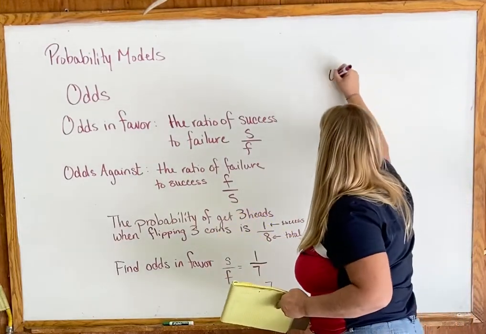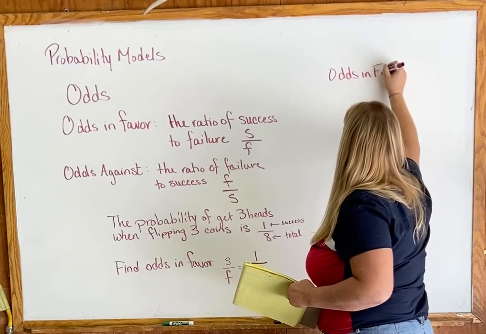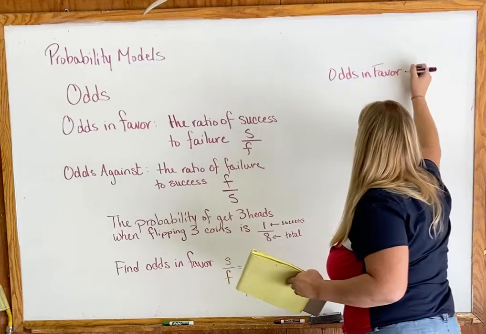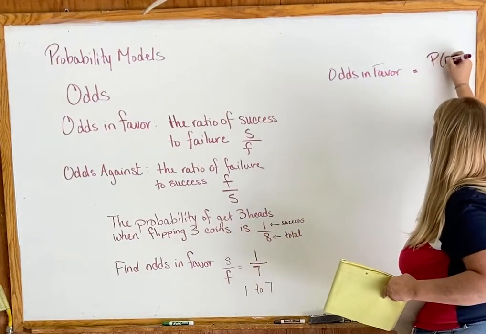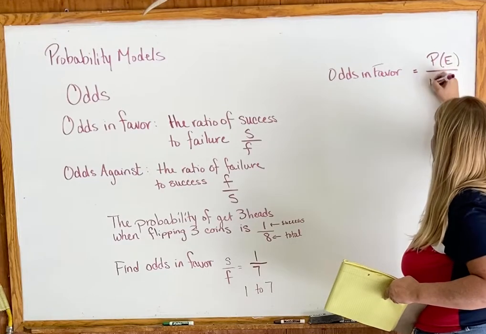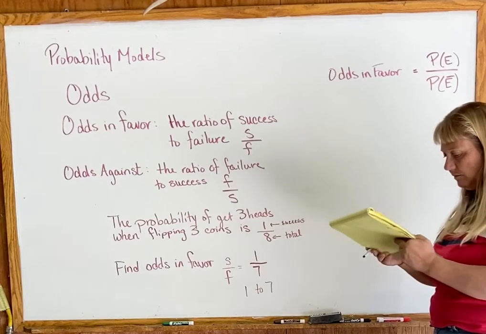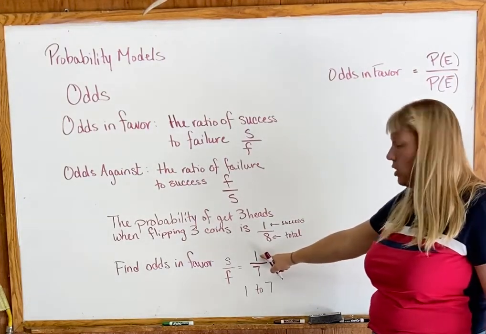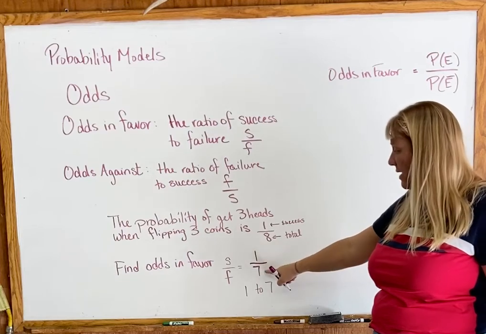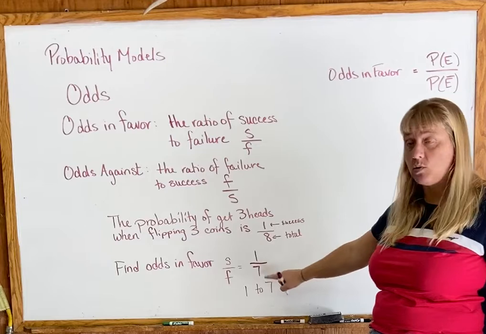So we've got the odds in favor formula. When we have probabilities, it is the probability of E divided by the probability of E complement. Okay, which is essentially what we did here. We took the number of successes and we divided it by the complement, which would be the number of failures, which was 7.